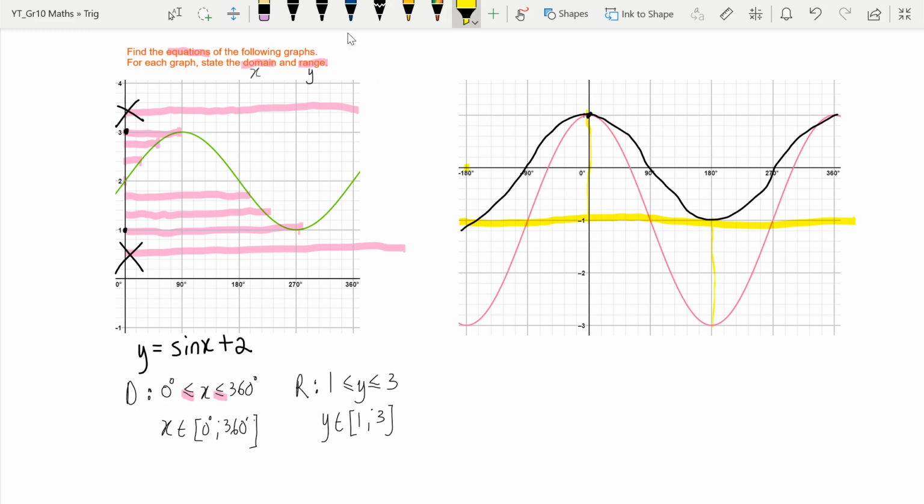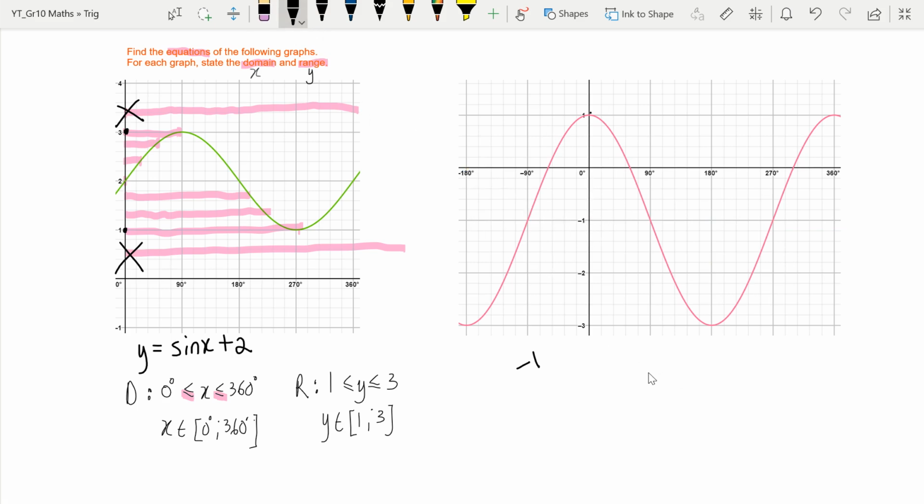So it looks like it moved down. If I see where the middle of the graph is now, it looks like it moved down by 1. But if it moved down by 1, if we look at our basic graph, it should have started at 0. So why is it still starting at 1? Surely there must be an amplitude change. Let me just clean this up a little bit.